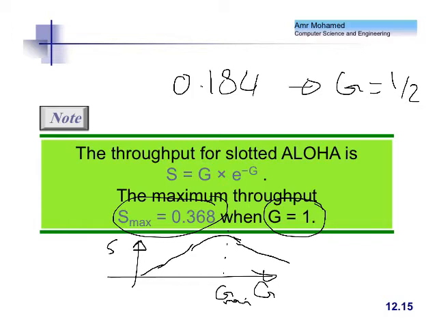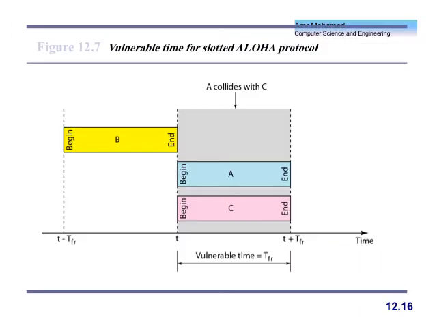So let's analyze why we are getting this difference in behavior for the slotted Aloha. Why is the slotted Aloha better? The reason is that we try to calculate the vulnerable time, similar to what we did for the pure Aloha. If station A is sending, then the beginning of the frame is at this time instance, and the end of the frame is at the time instance of the next time slot.